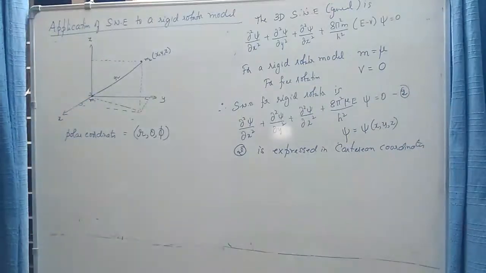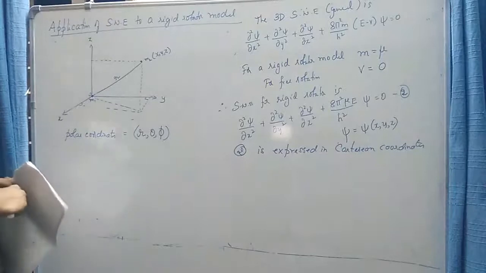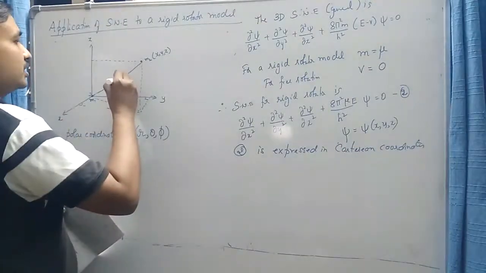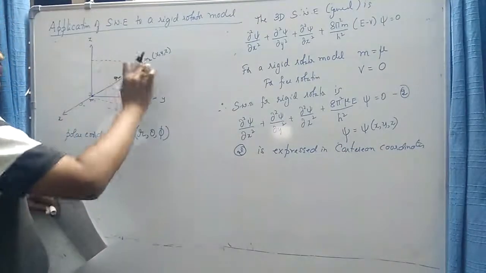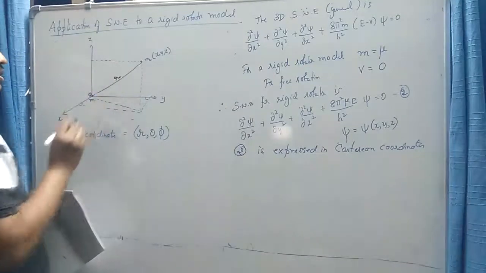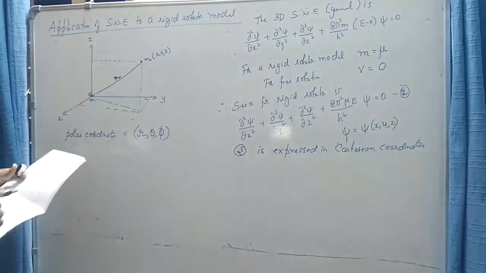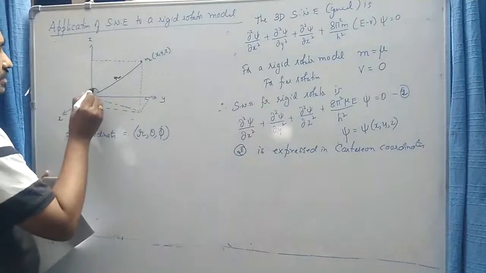I already told you r is the direct distance of the particle from the origin. Let us define angles theta and phi. The angle theta is this angle.